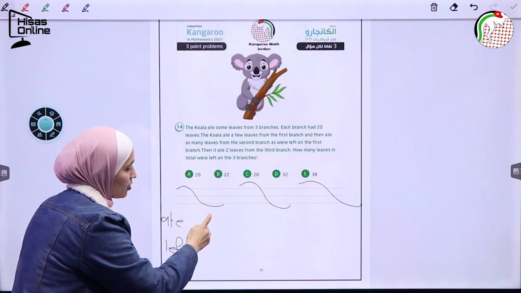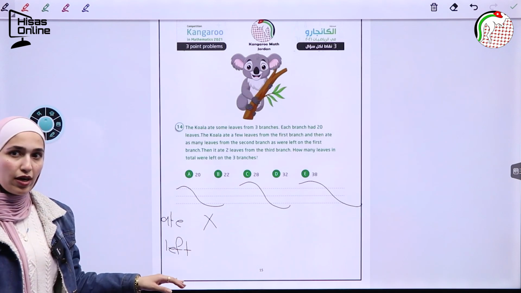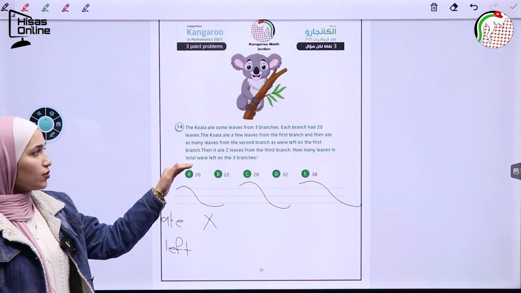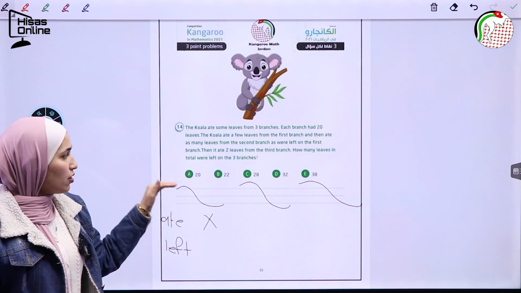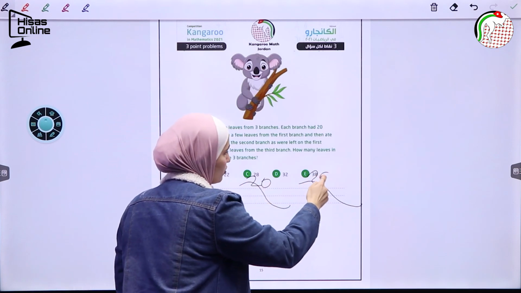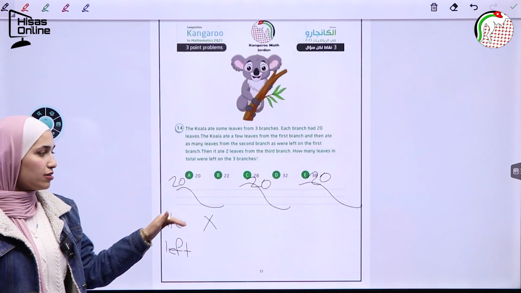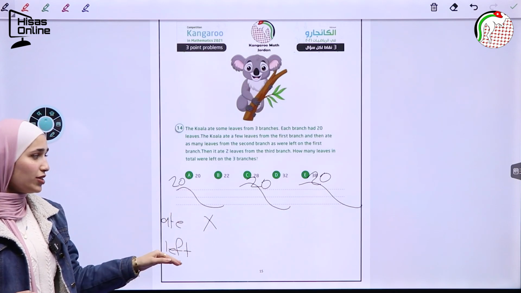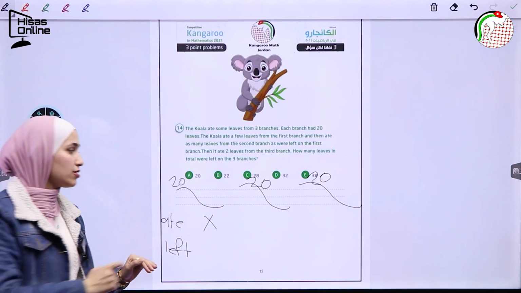So few leaves, that means X, okay? So what is left from the first branch? As the question said, there were 20 leaves in total in each branch. And the koala ate X leaves from the first branch. So what is left? Excellent.